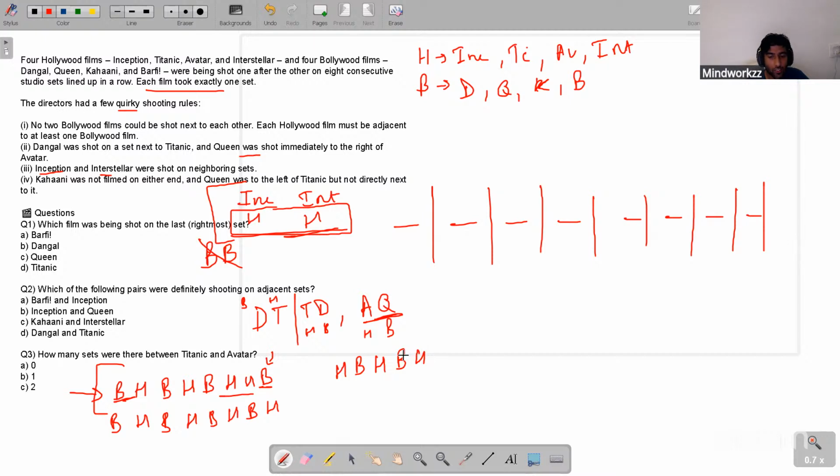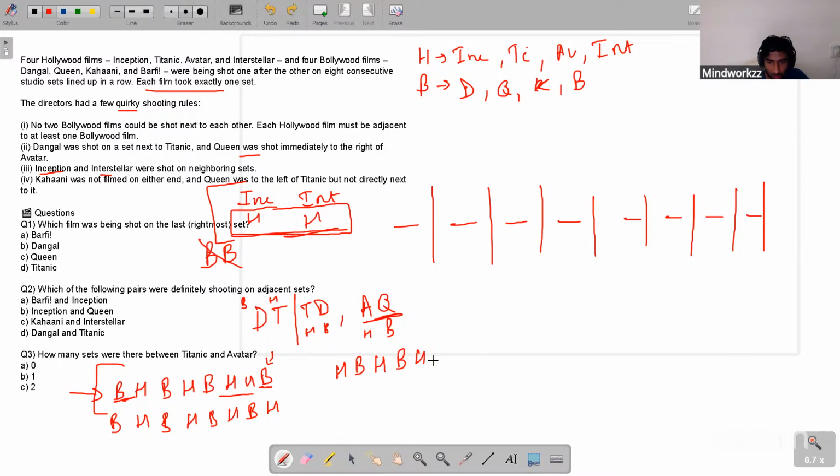And you need two Hollywood films together, right? So you either have a Bollywood film here, right? Third one here. And if you have a Hollywood film here, you've already used four Hollywood films. So this is, of course, not possible, right? A Bollywood film has to come at the end. But this clue is not getting used, that two Hollywood films have to be together.